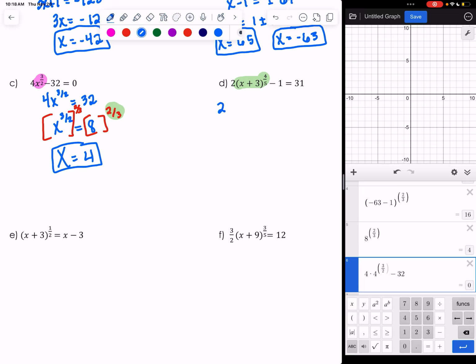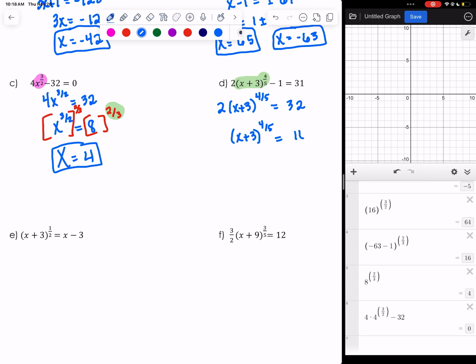So 2 times (x plus 3) to the 4/5 power equals 32. So I added the 1. Now divide by 2. So 32 divided by 2 gives me 16. So this will be x plus 3 raised to the 4/5 power is equal to 16.